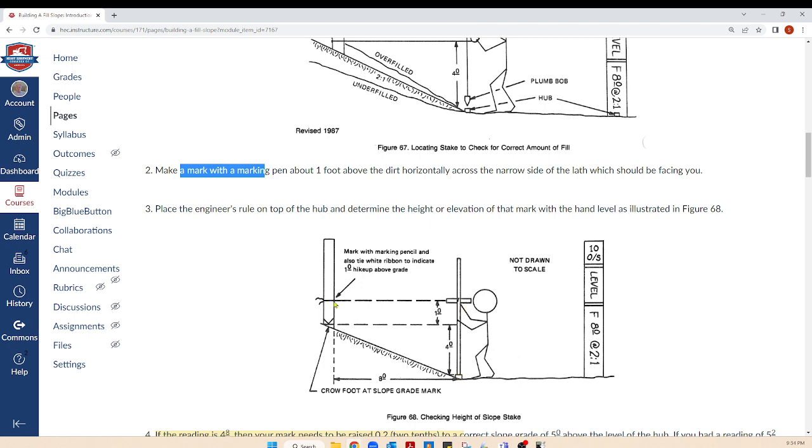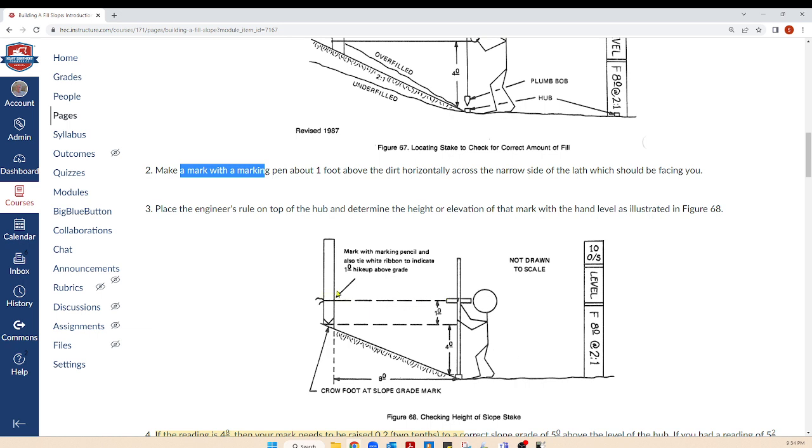I just walked up here, put a mark on the narrow side of the lath, came back, got my engineer's rule out, set it down, and it read 4.8. And I needed to read 5.0. Easy fix. That mark, I just measure up 2/10. And then I come back and I should be reading 5 foot.